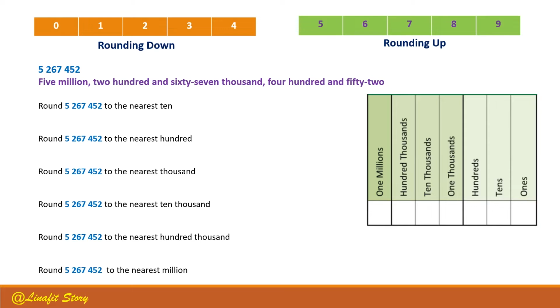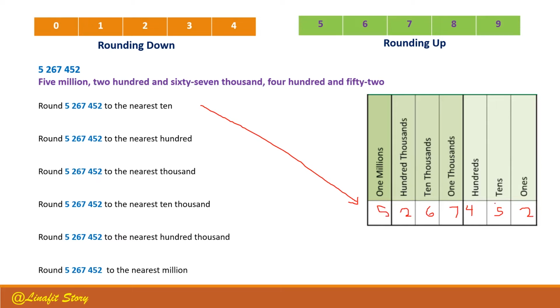Another example. This is 5,267,452. Round off this number to the nearest 10. You may put it in the place value chart: 5, 2, 6, 7, 4, 5, 2.